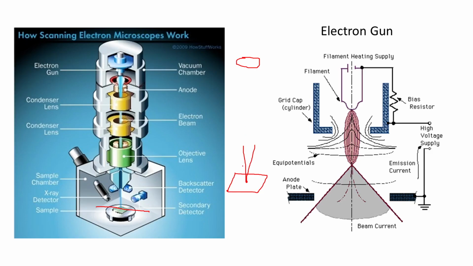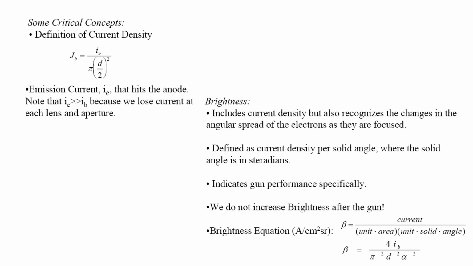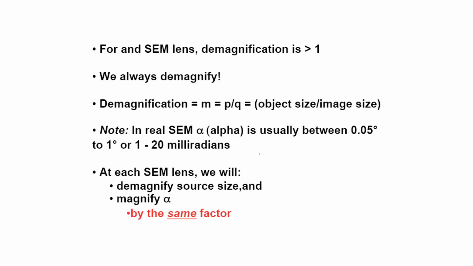So in SEM we always do demagnification of the electron probe. Magnification m is given by the image size divided by the object size, and demagnification is the opposite: the object size divided by the image size.